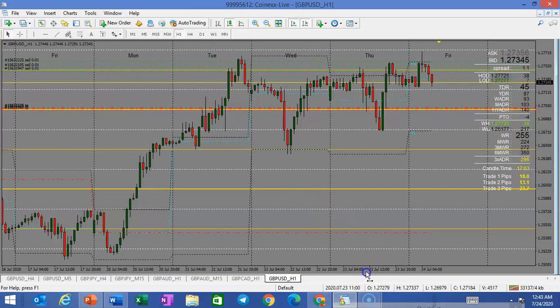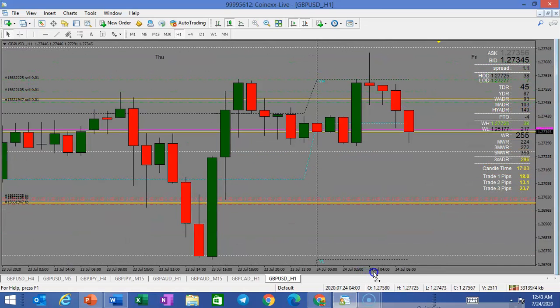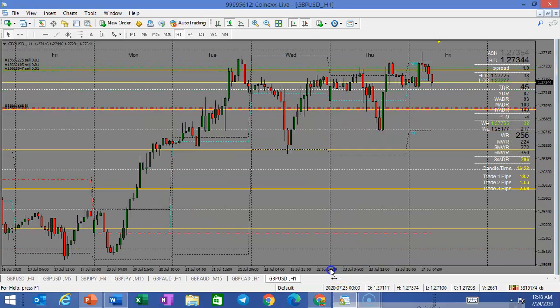Okay, so let's look at today's price action performance. This is our daily. The price action opened here. We got up to the high of the day. Price action did not close above the high of the day. So what does that mean?